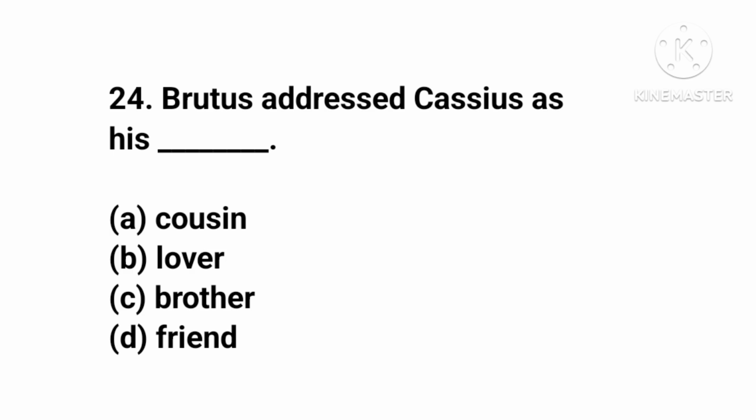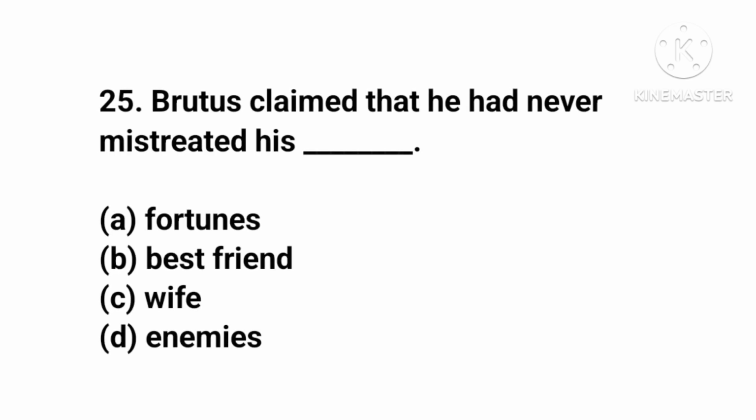Well answered. Brutus addresses Cassius as his brother. Number 25. Brutus claimed that he had never mistreated his dash. Option A, fortunes.